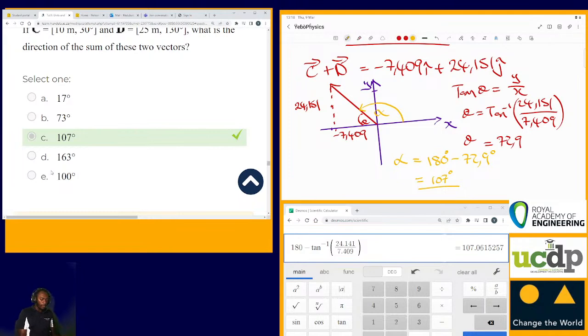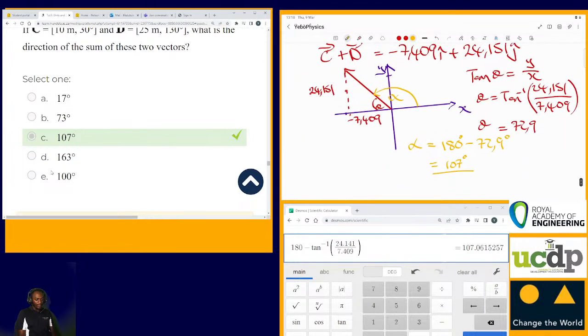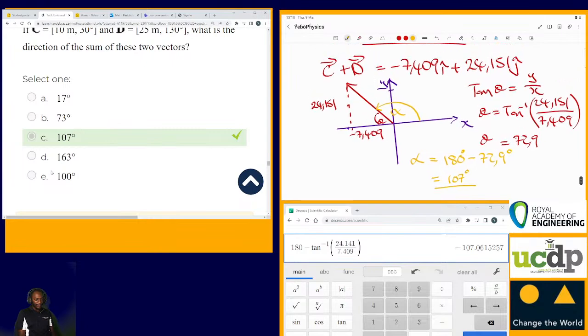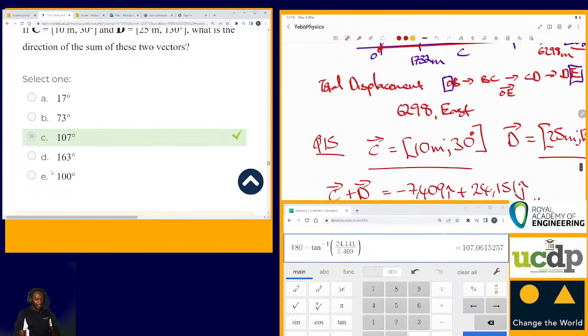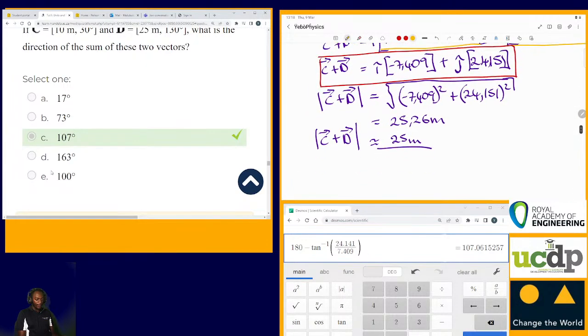So if we were to express our vector C plus D with its direction, this will be its direction, and the magnitude, we did find the magnitude as 25.